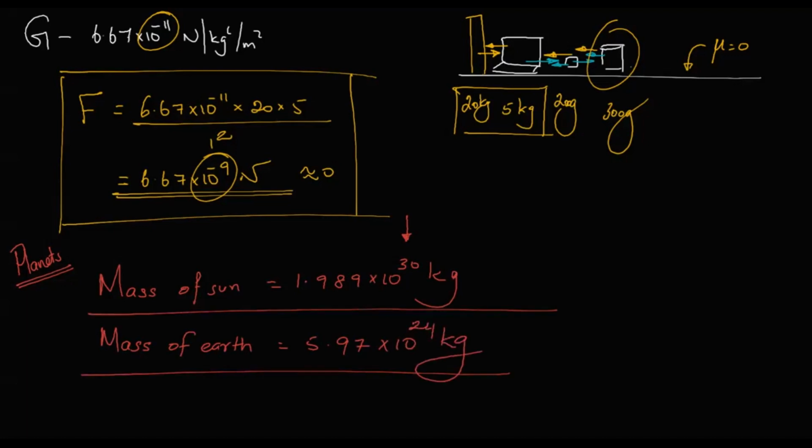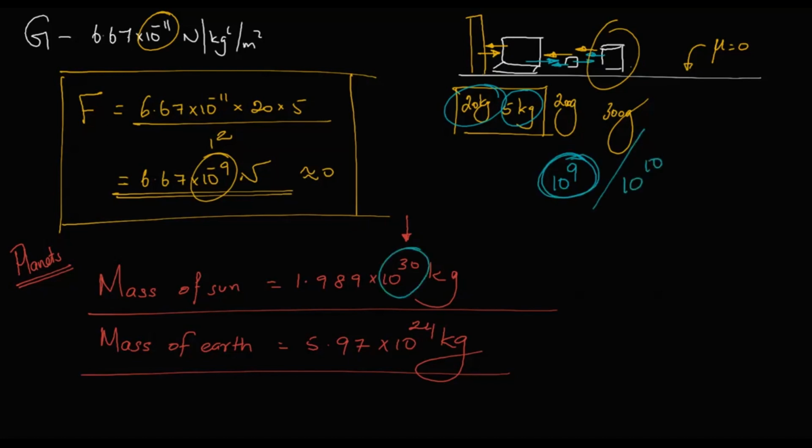So imagine, compared to the mass of the laptop and the mass of this one, even if you take a train, that would be maybe 10 tons or 50 tons. Even if you take a huge ship, that would be around a few hundred or a few thousand tons, right? Which is 10 to the power of 9, or maybe even 10 to the power of 10.